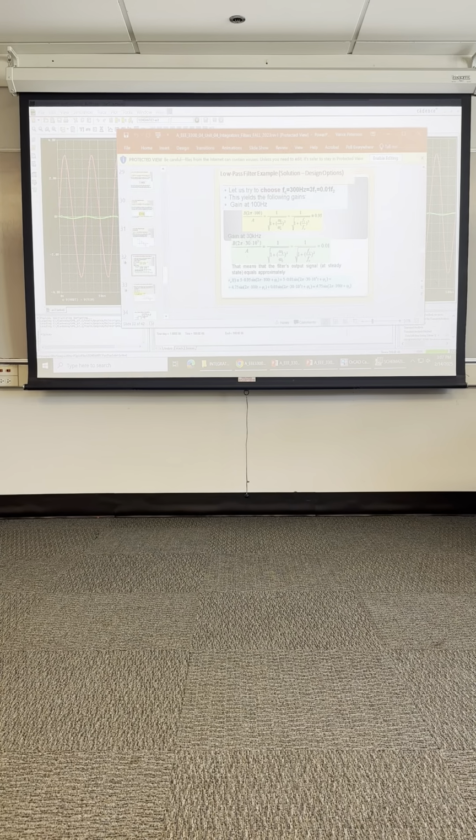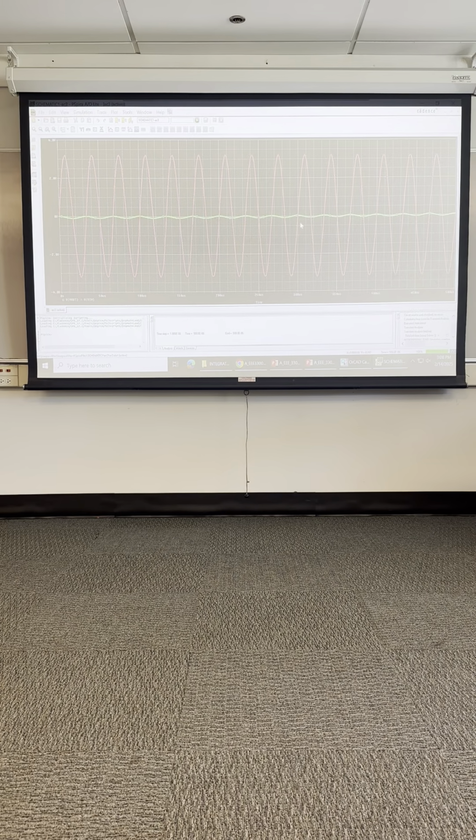So that question in the assignment is asking if your calculations are correct. When you calculate the gain at 30 kilohertz, it's going to give a number. This says the gain is 0.01 at 30 kilohertz. So if the input is 3.2 volts, the output should be 0.01 times that. You could put markers on here.